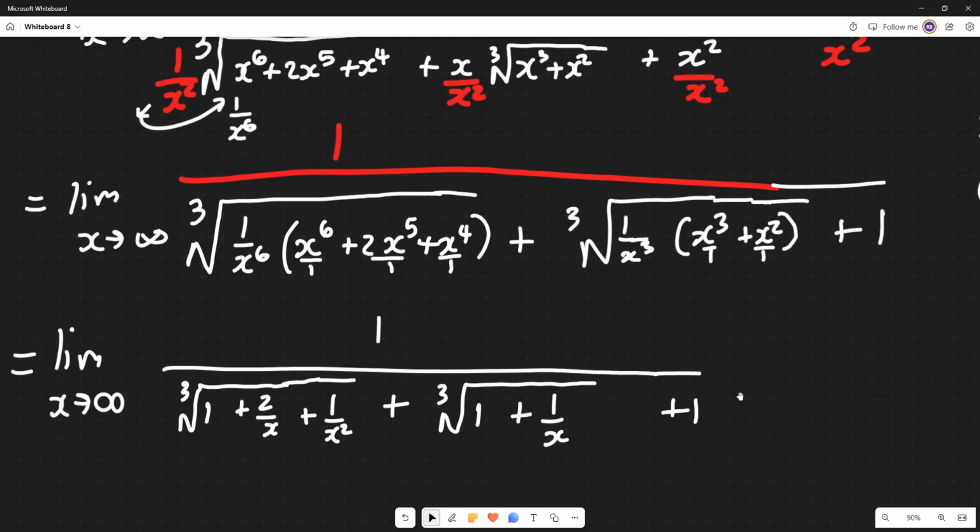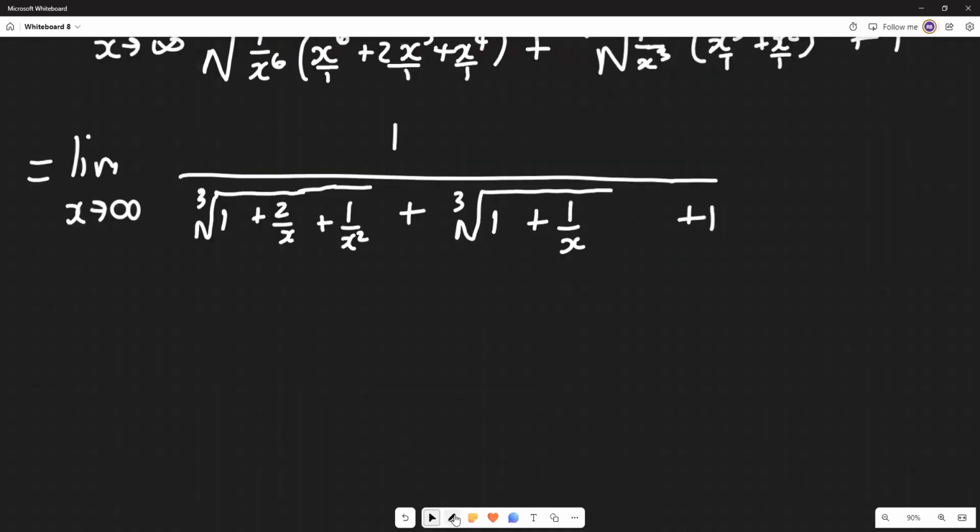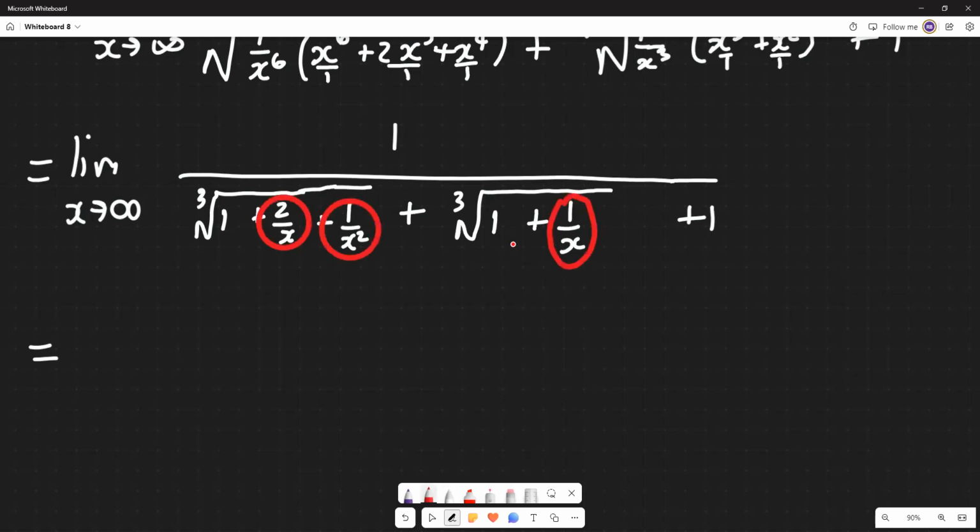Now that we have simplified that, let me circle all the parts that have an x. This part and that part are approaching 0, because as the bottom gets bigger and bigger, the whole fraction is getting smaller and smaller, because we're dividing by a bigger number.